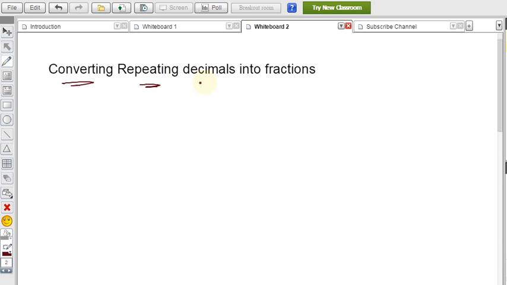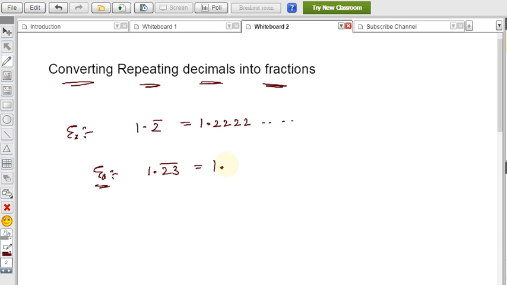In this there are two types of repeating decimals. One is, for example, 1.2 bar, that is 1.222, the same digit repeating continuously. The other type is multiple digits repeating. If it is 1.23 bar, then 1.232323 will repeat like this.